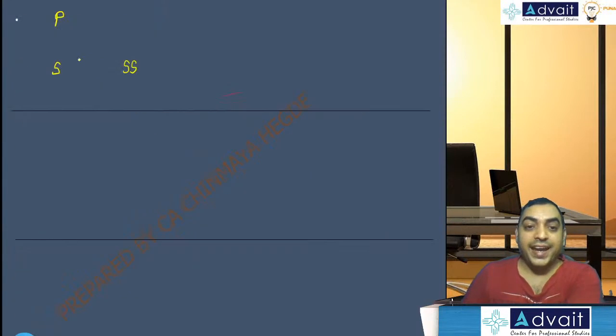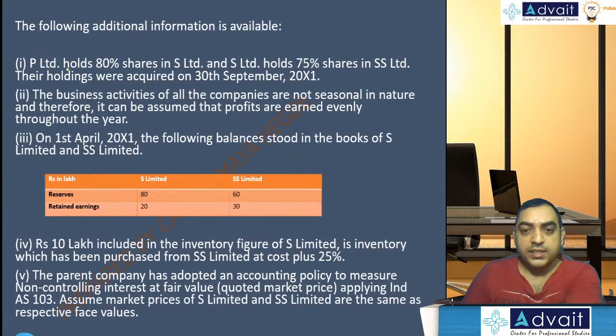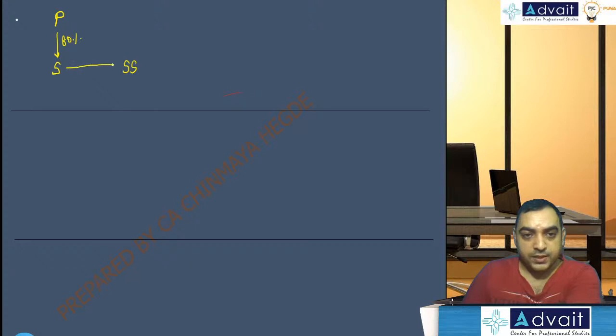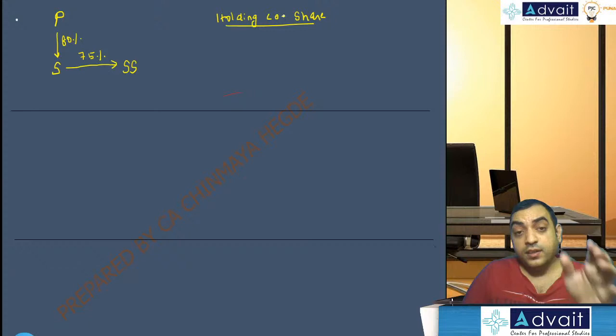P Limited holds 80%, then S Limited has 75%. How do you calculate the percentage? I told you, holding company share is calculated in two ways: indirect holding and direct holding.